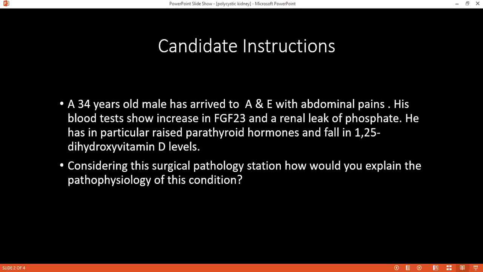I'm not able to answer this question, I'm sorry. Okay, can you please tell me why a patient with polycystic kidney disease presents with pain? Pain is because of stretching of the renal capsule as well as stretch on the renal pedicle. These are the two reasons why it causes pain.